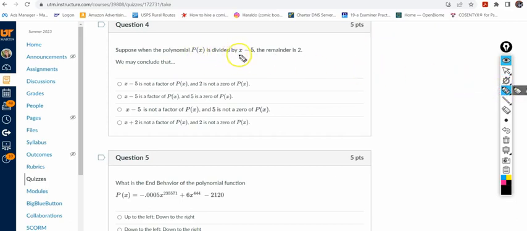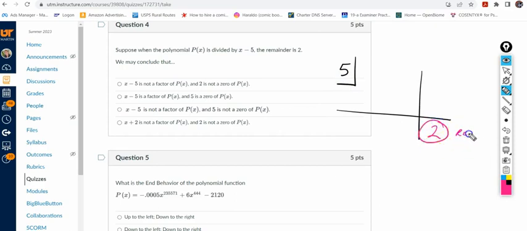All right, so the polynomial is divided by x minus 5. So x minus the number in the box, and we're told that the remainder is 2. So by the remainder theorem, we have p evaluated at the number in the box is equal to the remainder. And so 5 is not a 0.